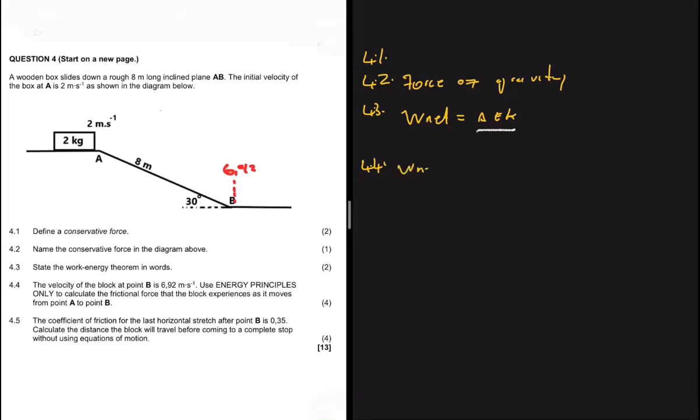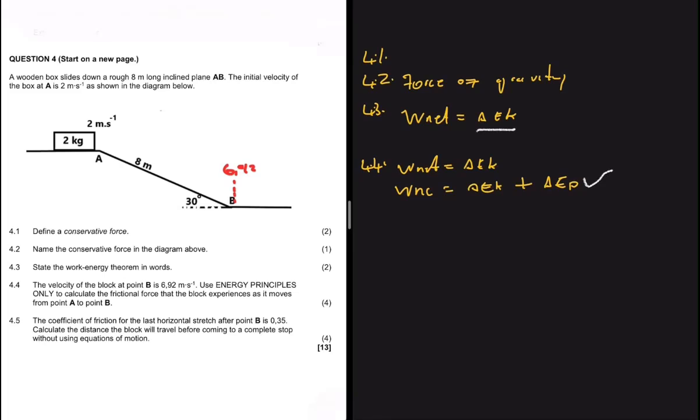Work net is equal to the change in EK, and then work done by non-conservative forces is equal to the change in EK plus the change in EP, the potential energy, right? So I'm going to use the second equation to answer our problem, and then you can use the first one so that we can see if we end up at the same answer.